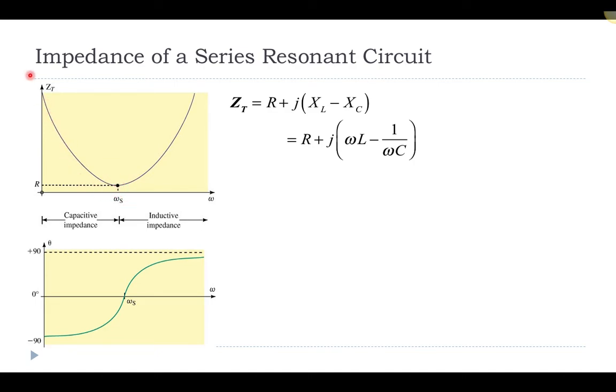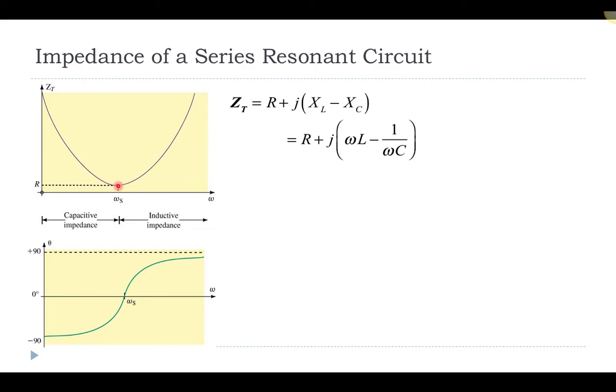Here is a graph of what the impedance looks like for a given circuit versus the angular frequency. And here is my resonance angular frequency. My impedance is the smallest value possible when all of the impedance in the circuit is just resistive, right? And that's right there.